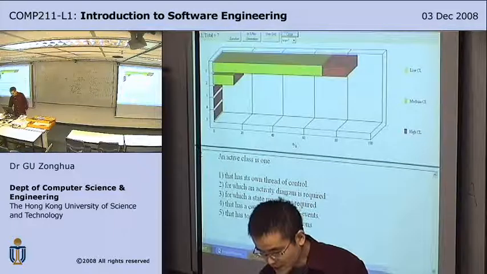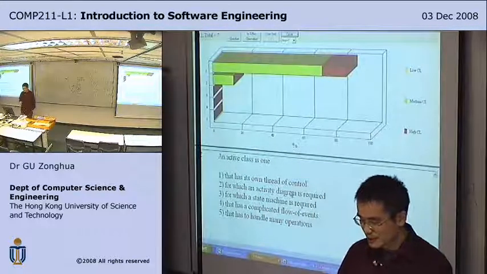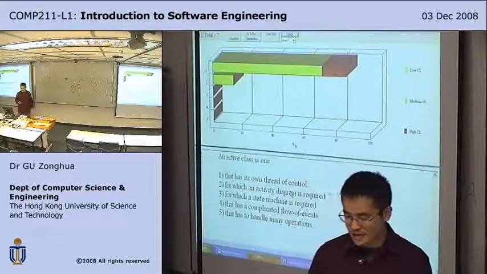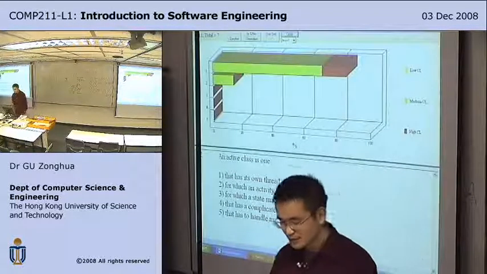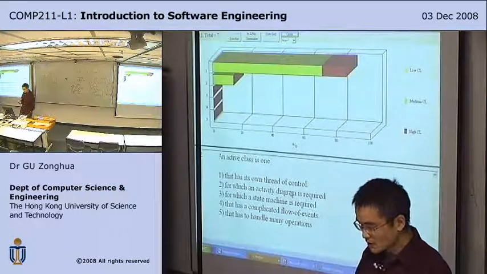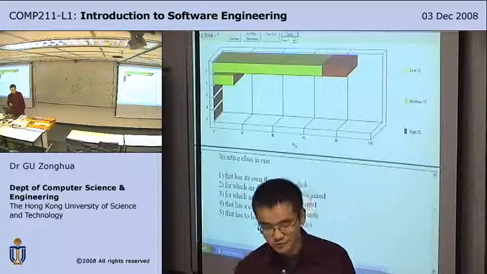So someone chose tool for which activity diagram is required. Activity diagram may be used for any class, not just active class. It's used for activity diagrams. If you recall, it's used for two purposes.